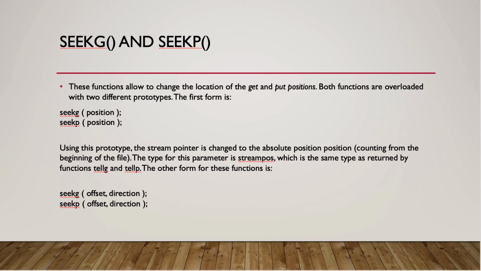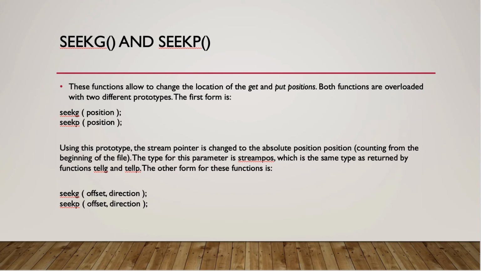Both functions are overloaded with two different prototypes. The first form is seekg where you pass the position, or seekp where you pass the position. So you can define where the next character is supposed to be read from or written into. Using this prototype, the stream pointer is changed to an absolute position.